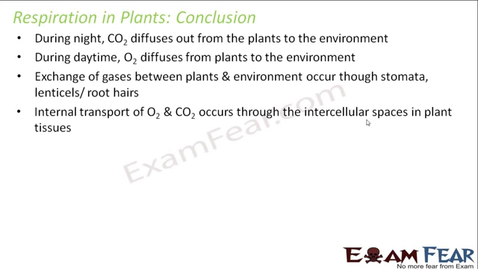But that gas also needs to be transported to all other parts of the plant. So that internal transport is taken care of by the intercellular spaces, because in many of the plant tissues there is a lot of intercellular space, and those intercellular spaces help in carrying the gases from one part of the plant to the other.